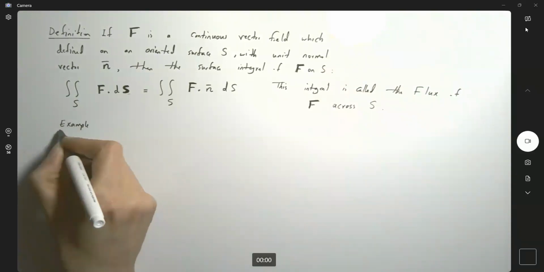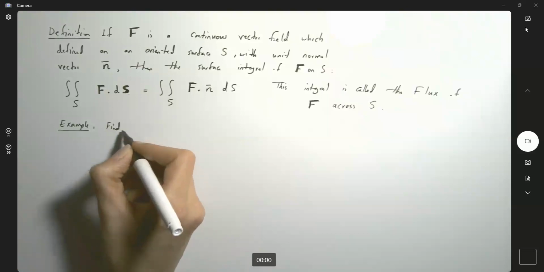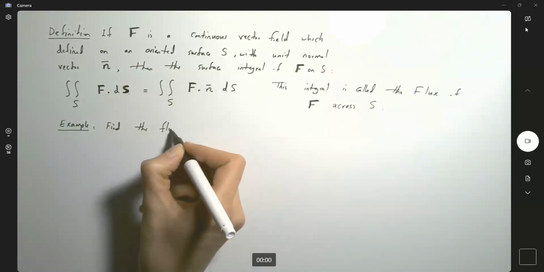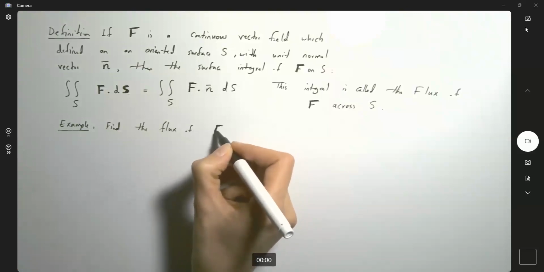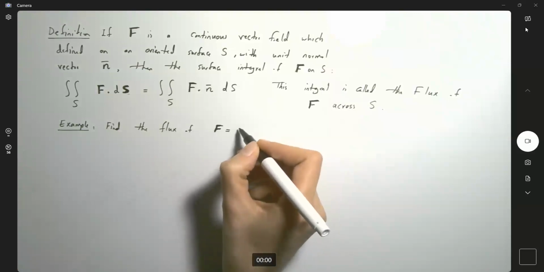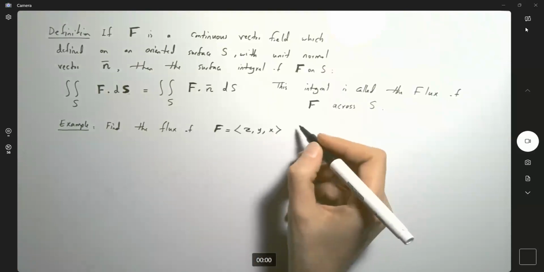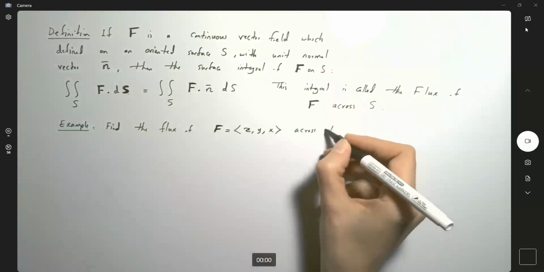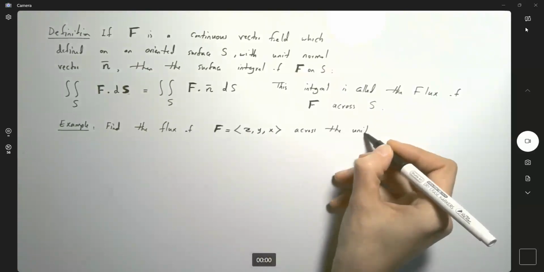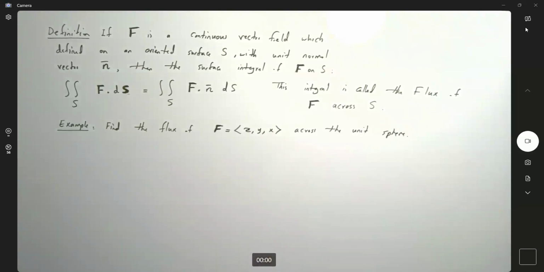Example. Find the flux of the vector field F, which is defined as z, y, x, across the unit sphere. Very good.